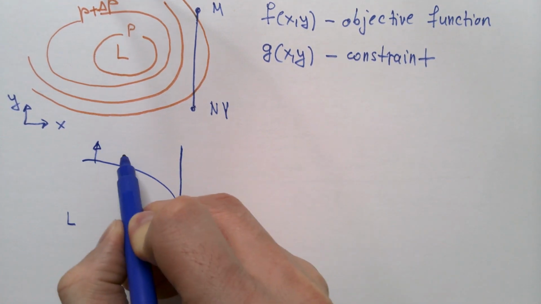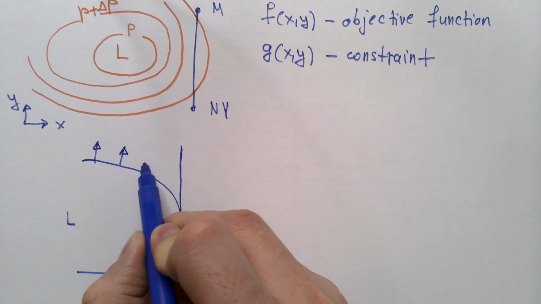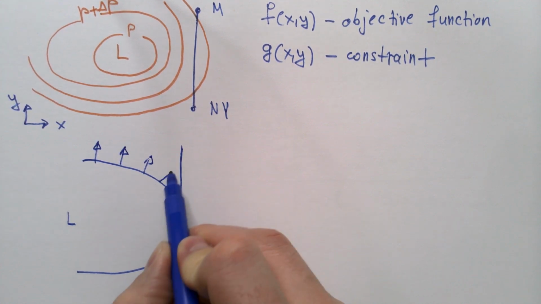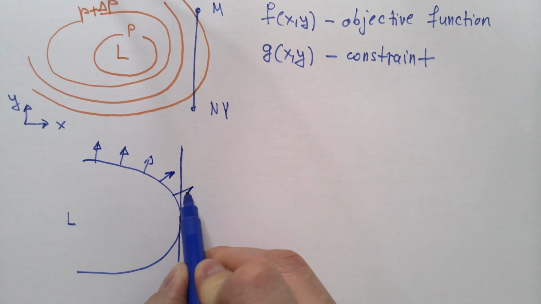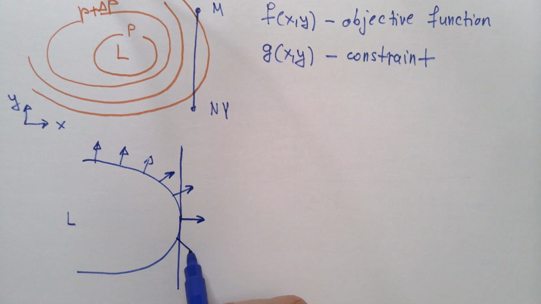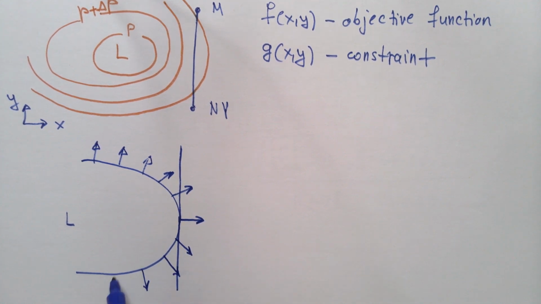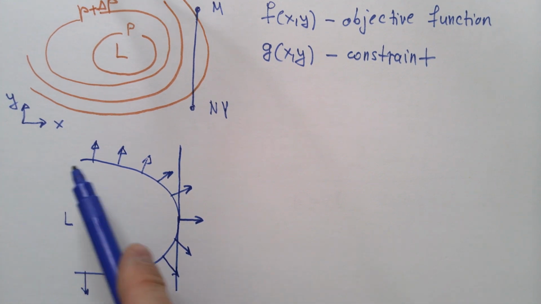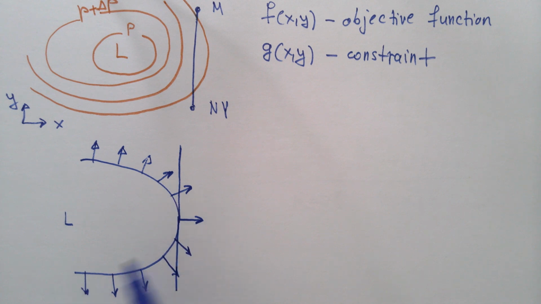Here is the gradient of the objective function, and I will shortly explain what gradient is from the physical point of view. But you can see already that gradient is always normal to the ISO line of the function and points towards the fastest change of a function.